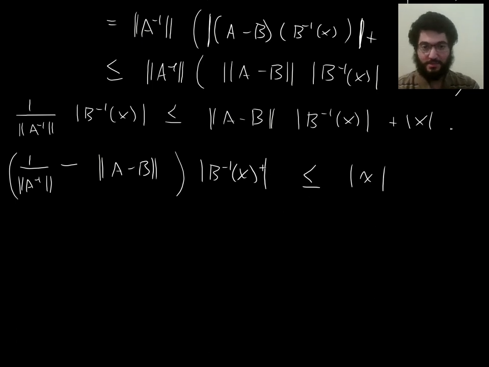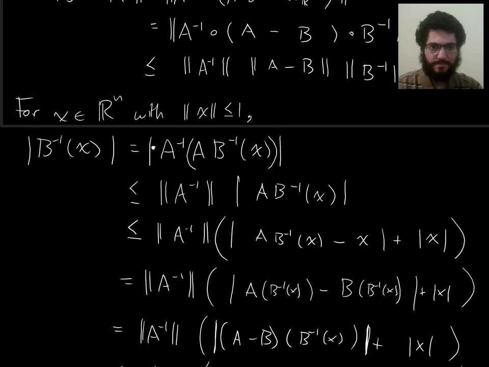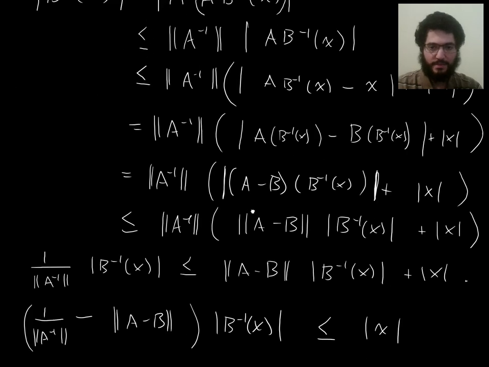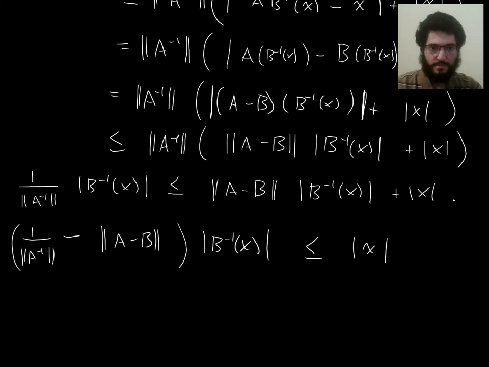Okay, so this is starting to look pretty good for managing the norm of B inverse x. And you know, I set things up here so that the norm of x is less than or equal to 1, right? So this is less than or equal to 1.